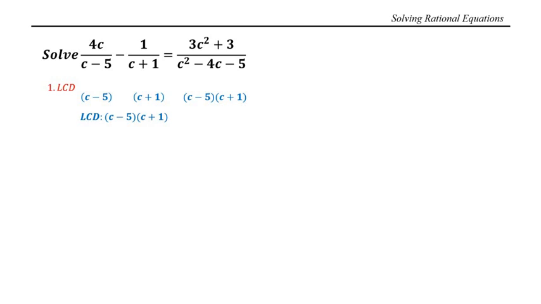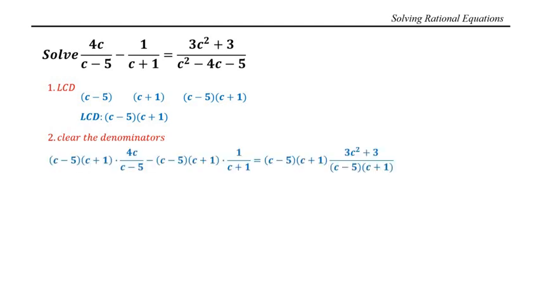Now that we have that, our second step is to clear the denominators. We're going to multiply both sides of this equation by c minus 5 times c plus 1. That's going to be a lot to write out here, but this is what it is going to look like. We're multiplying by the first half here, and then also by the second half, and then we'll multiply the right side of our equation as well.